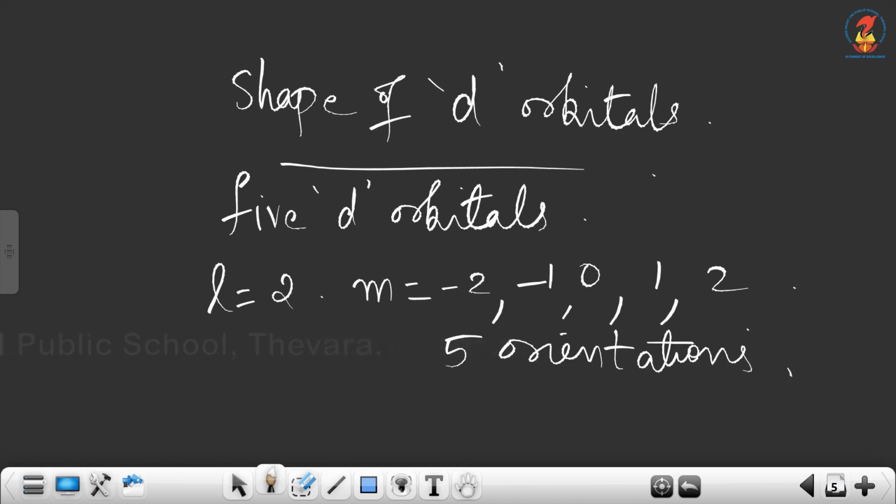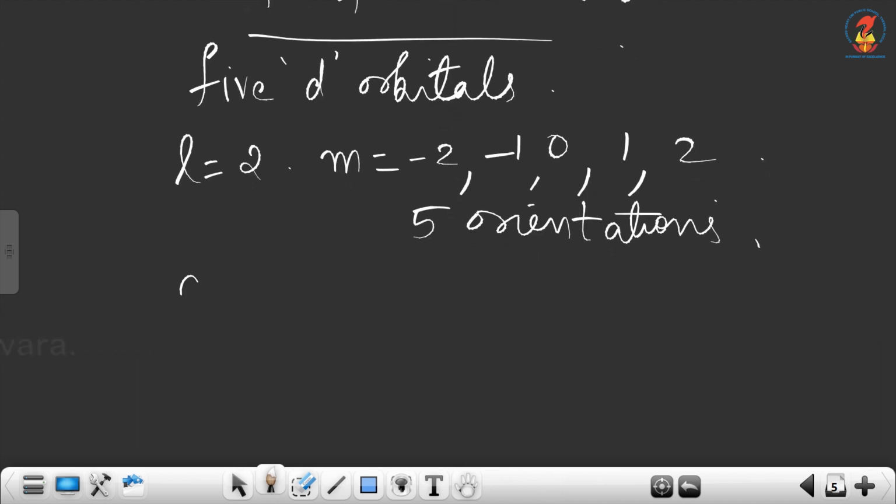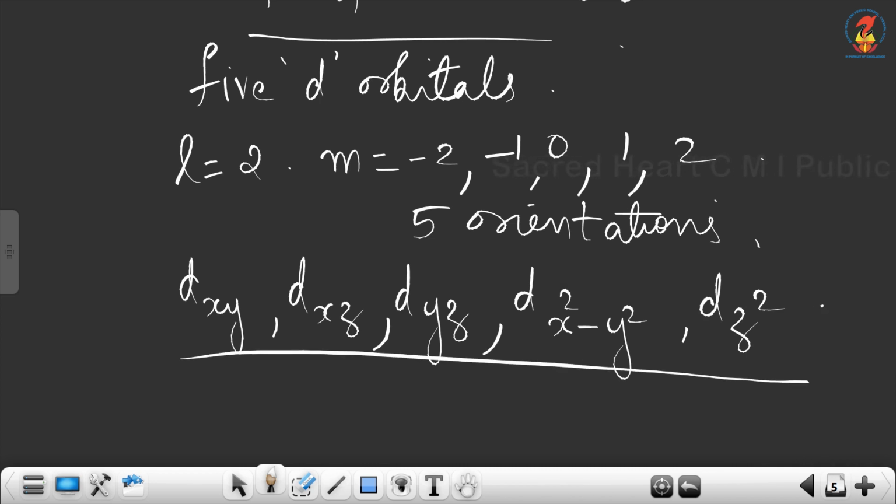Now the shape of d orbital is also dumbbell shape. I'll write the names of the 5 d orbitals. They are dxy, dxz, dyz, dx square minus y square, and dz square.